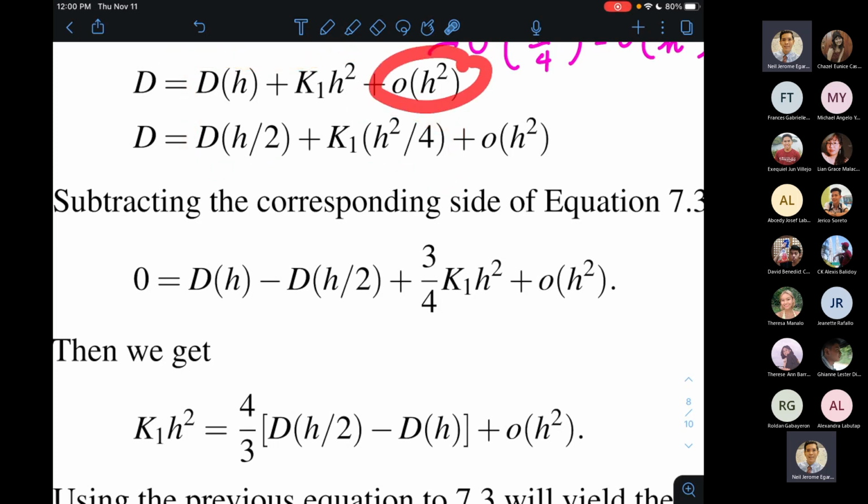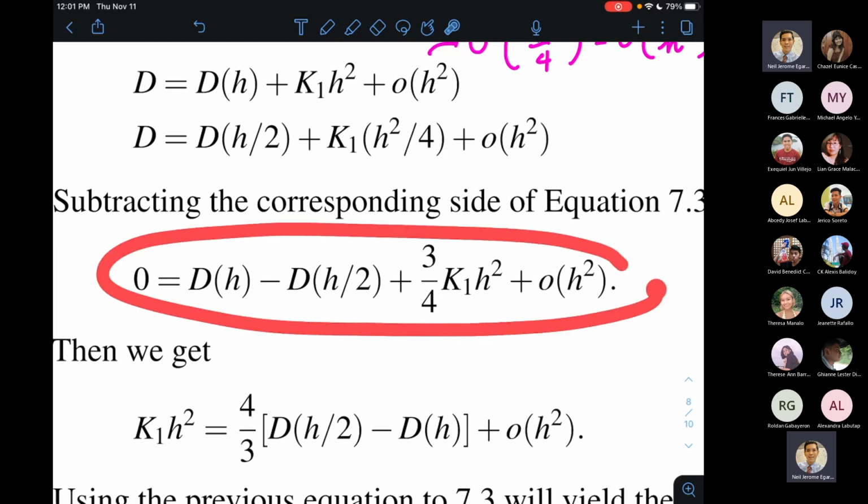Pero yung small o of h squared minus small o of h squared ay small o of h squared pa rin. So hopefully tandaan nyo pa from AMAS 152. If you forgot the arithmetic of the Bachmann-Landau notations, meron din dun sa Vortex. May isang chapter doon or isang section dedicated to Bachmann-Landau notations. So you can review that there. But essentially, we get this.